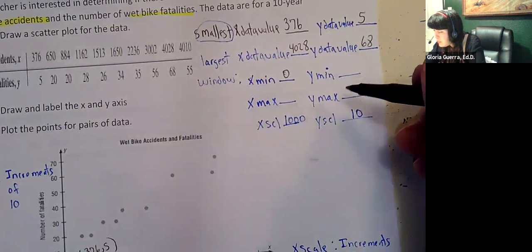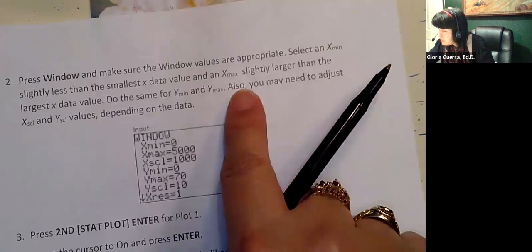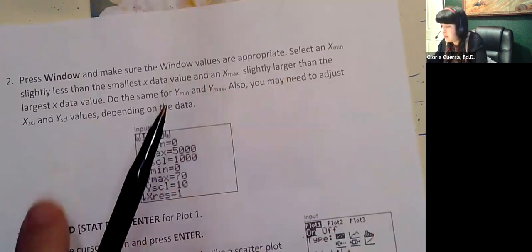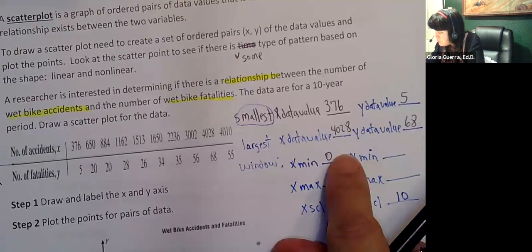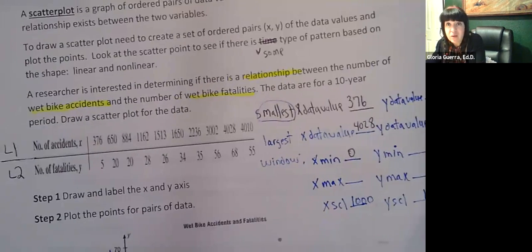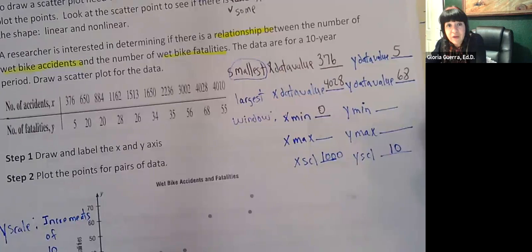And then the X max, remember, they said to make the X max slightly larger than the largest X data value. So the largest X data value was like 4,028. So you could make it 5,000 if you wanted to, or 4,500.